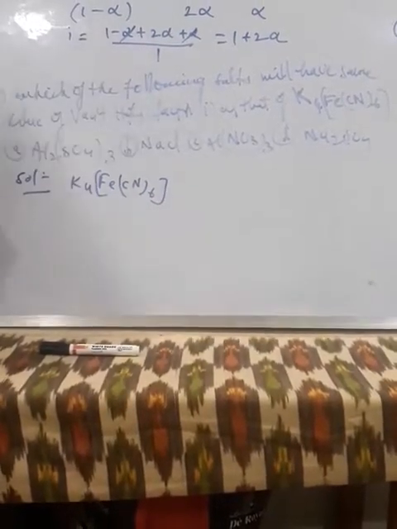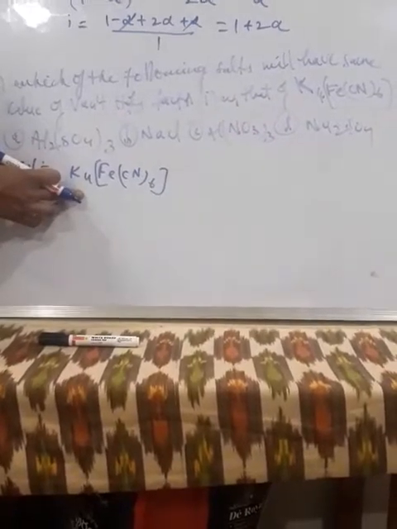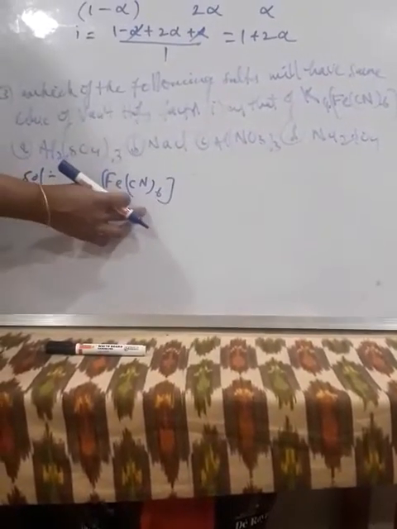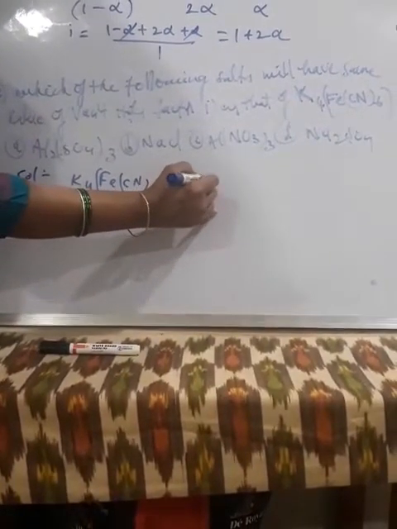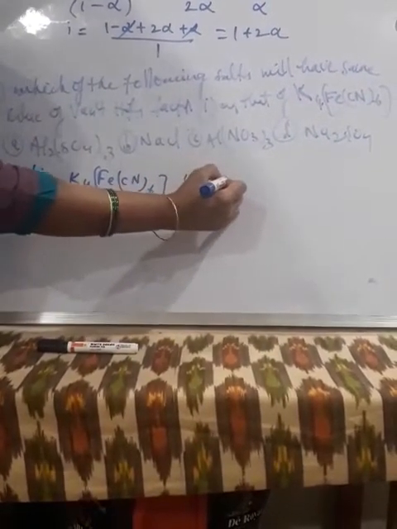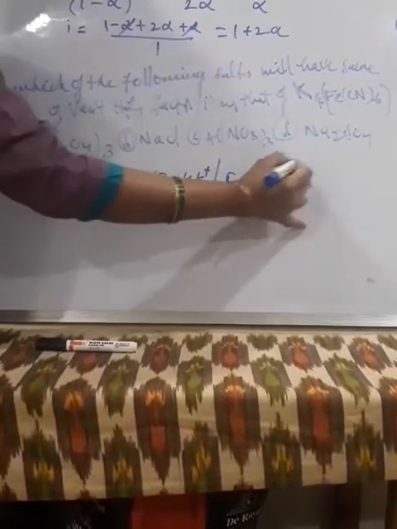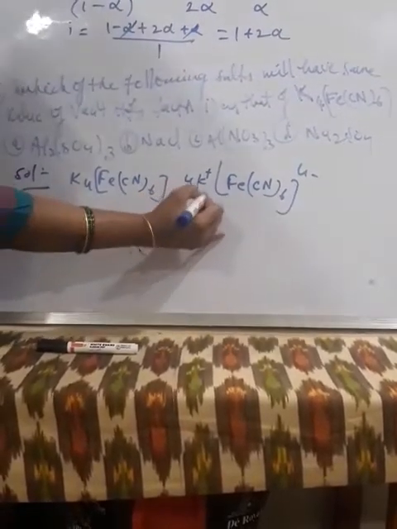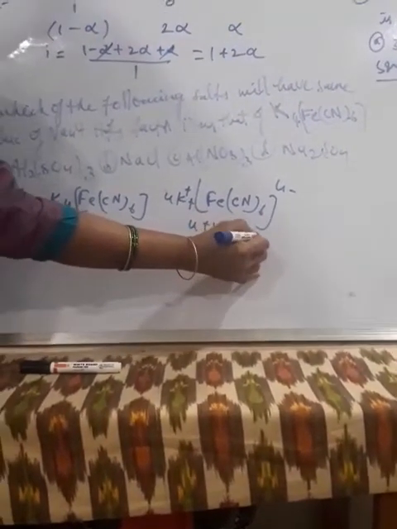After ionization, it forms 4 potassium ions and 1 coordination complex ion. So, total number of ions produced is 4 plus 1, total 5 ions.